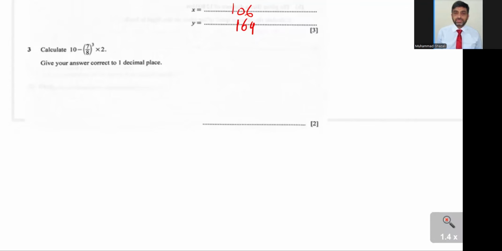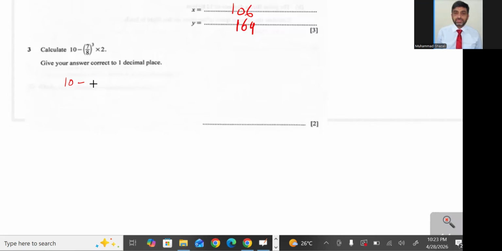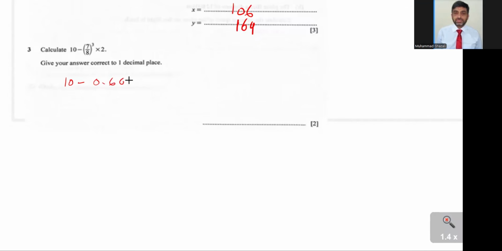Next, question 3. Calculate 10 minus (7 over 8) whole cube into 2. Give your answer correct to one decimal place. Firstly, we write 10 as it is, and we will calculate the (7 over 8) whole cube value. We can calculate this value by using a calculator. Look here, (7 over 8) whole cube will be equal to 0.699. Into 2.